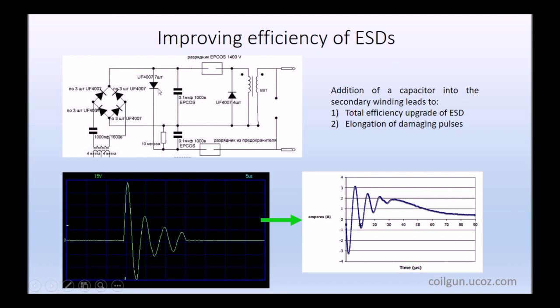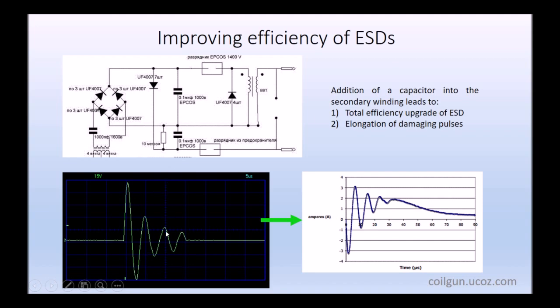This capacitor is charged from the same voltage source as the ignition capacitor, and is discharged when the ionizing channel is formed through the load. This leads to a total efficiency upgrade of the ESD, because for this capacitor we don't have the interstage of the transformer with its low efficiency, and also we have elongation of damaging pulses.